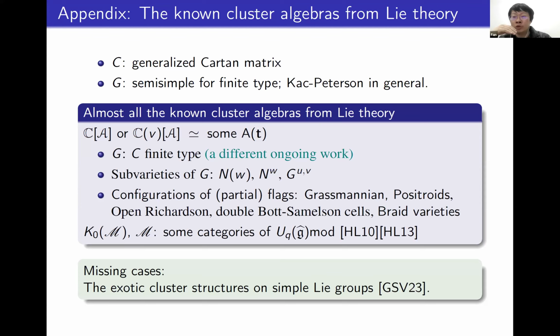Traditionally, people use geometric representation theory: for these algebras they study perverse sheaves over some varieties, and they show that the basis elements correspond to the perverse sheaves. For cluster algebras, we do not have this general geometric realization yet. So the hope is that there is a general framework to realize cluster algebras in geometric representation theory, with the basis corresponding exactly to perverse sheaves on some varieties.